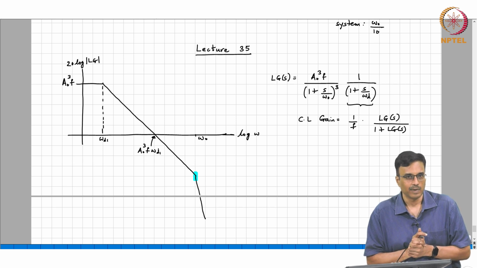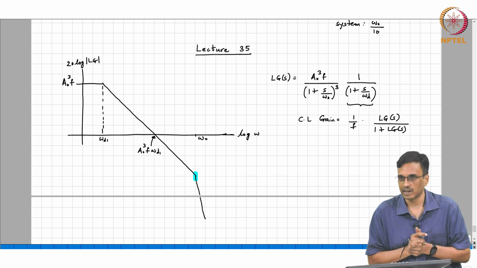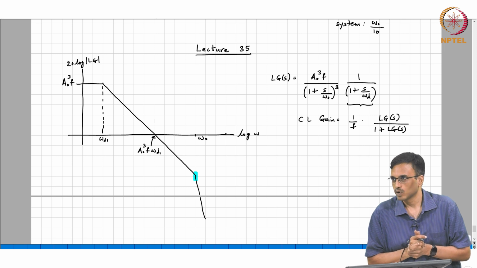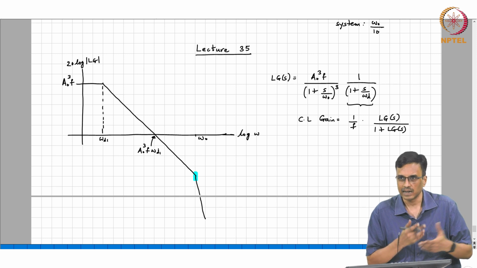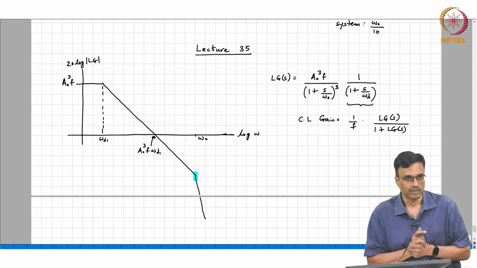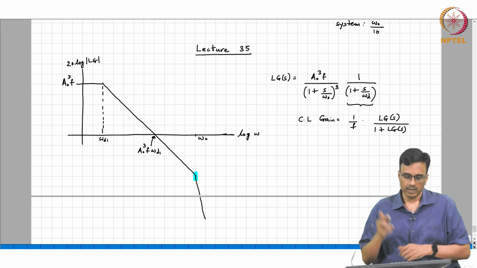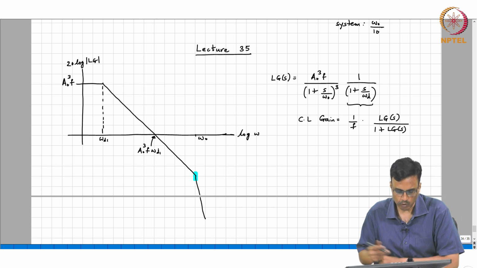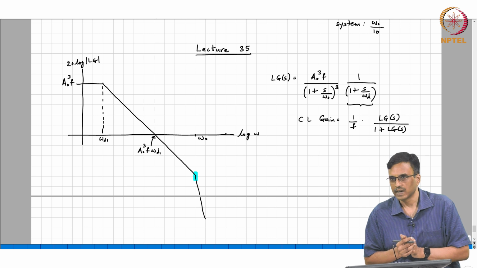It's like having 300 crores in my bank account, but my bank account is frozen by the enforcement directorate, and therefore I can't draw any money. It doesn't help to have money like that, right? So here at least you have less bandwidth, but at least the whole system works.